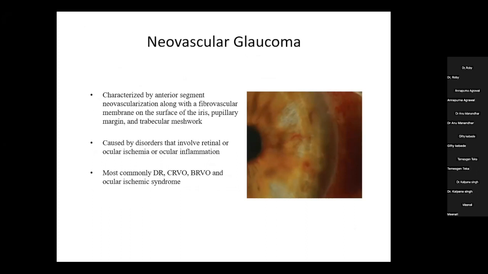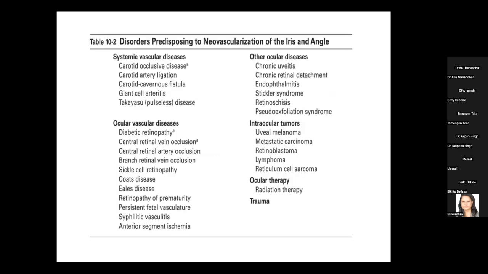It usually involves retinal or ocular ischemia or ocular inflammation, and it is most commonly seen in diabetic retinopathy, CRVO, BRVO, and other ocular ischemic syndromes. In this picture, we can see fine vessels on the iris stroma. This is the table showing the different disorders that lead to neovascularization in the angle.